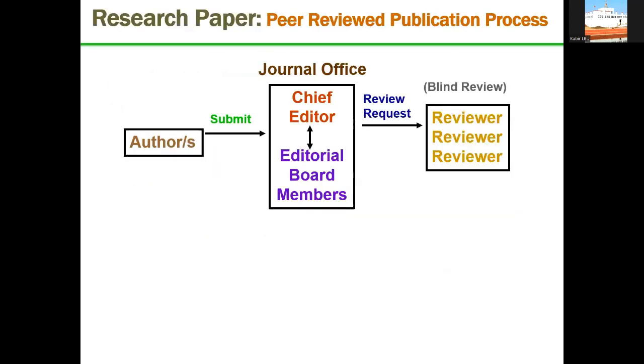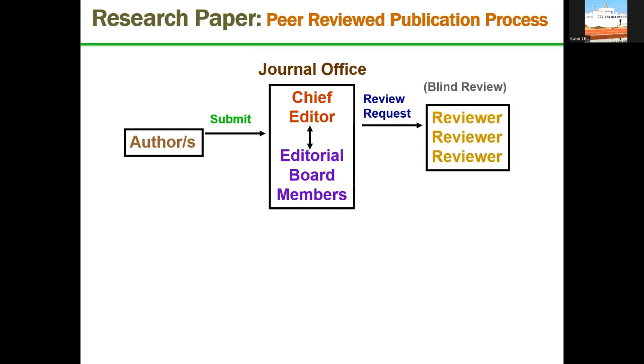This is the procedure for how you have to approach the editor of the journal. Authors generally submit their papers to the chief editor of the journal. Then the research paper is sent to the editorial board members for review, and with the suggestions of the editorial board members, a review request is sent to the author.